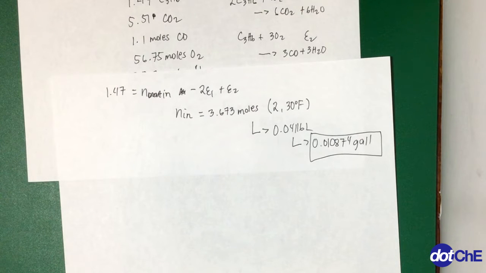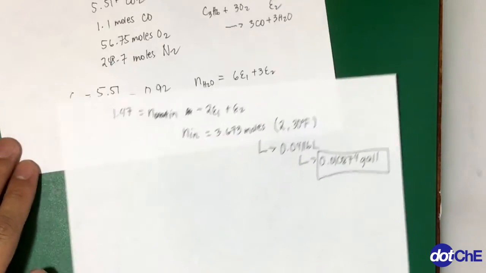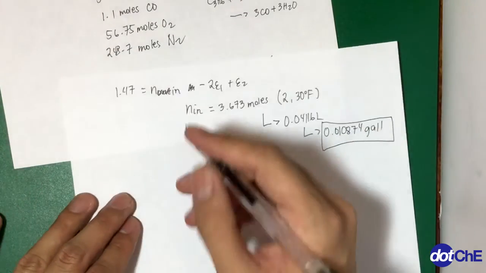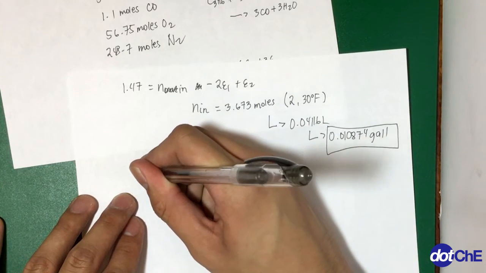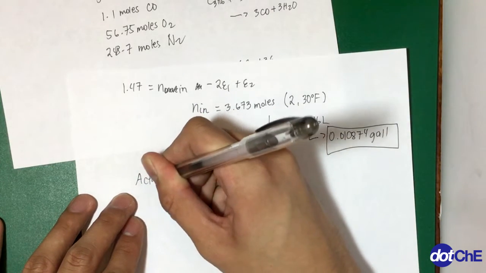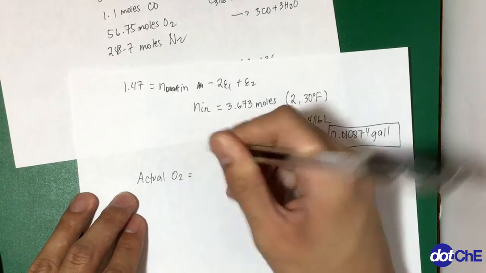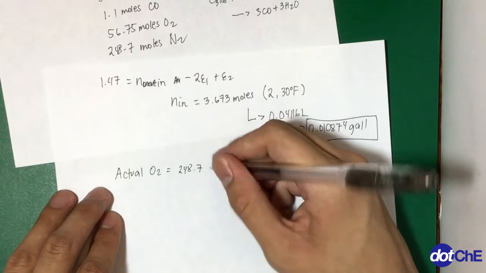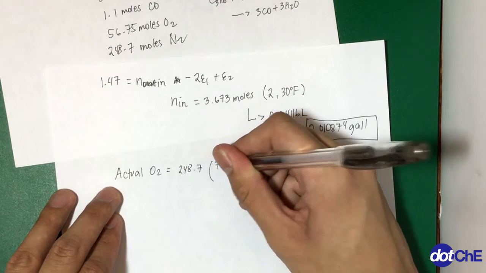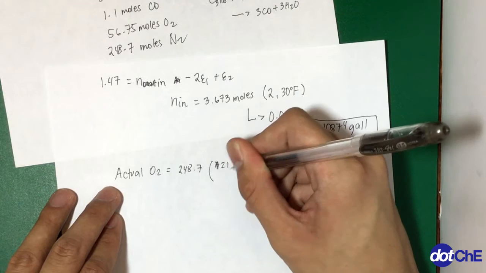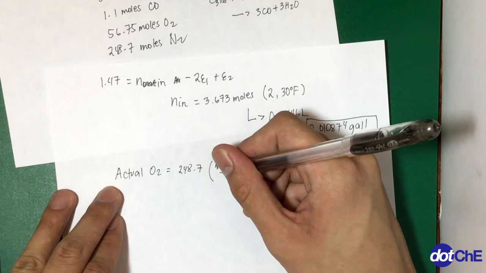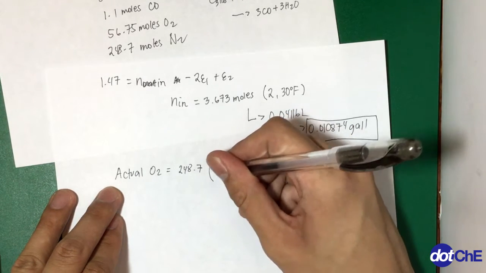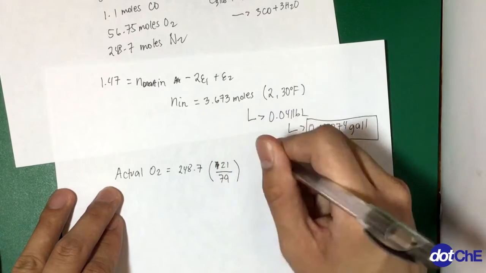Last, we're supposed to determine the percent excess. So we know that the actual O2 can just be derived from your N2, right? Because your actual O2 is equal to 248.7 moles of N2 times 21, just the molar fraction of O2, divided by 79, the molar fraction of N2.